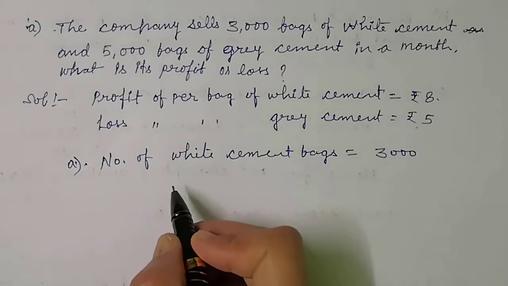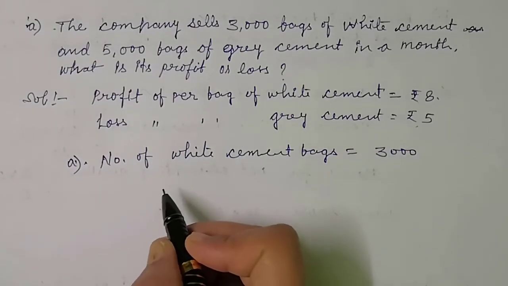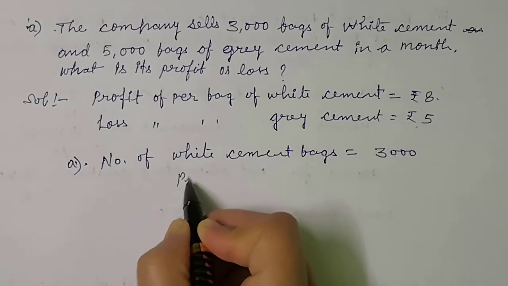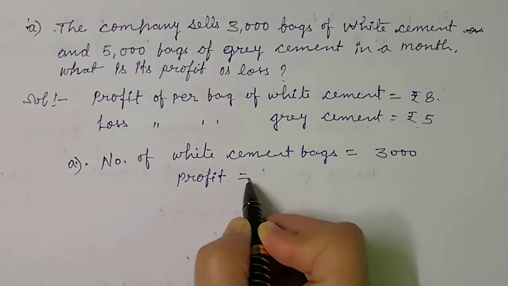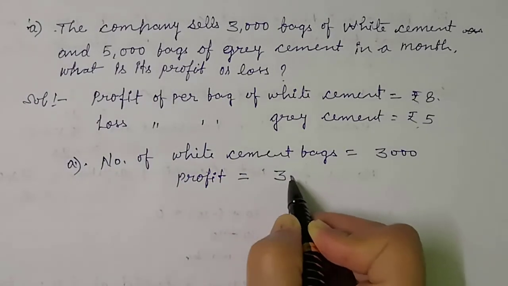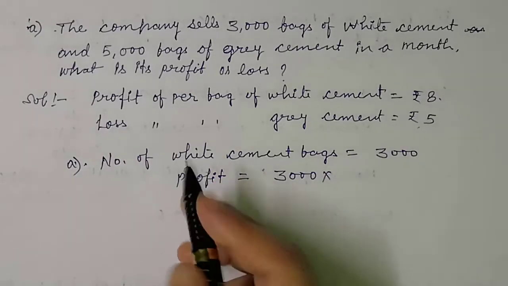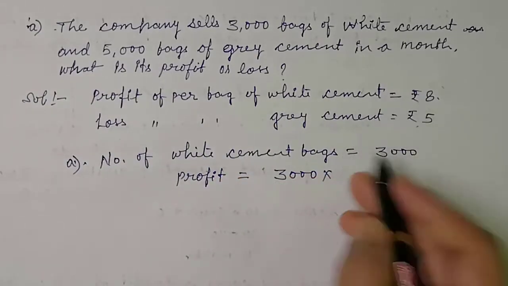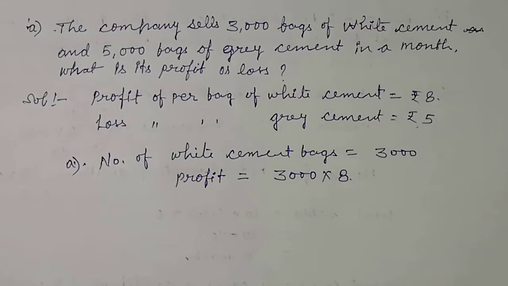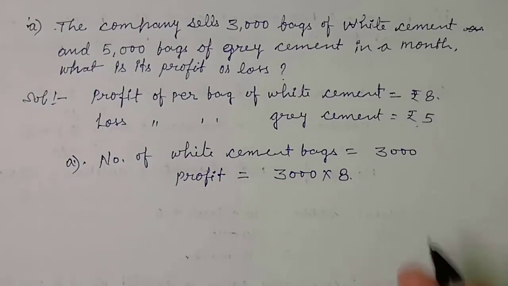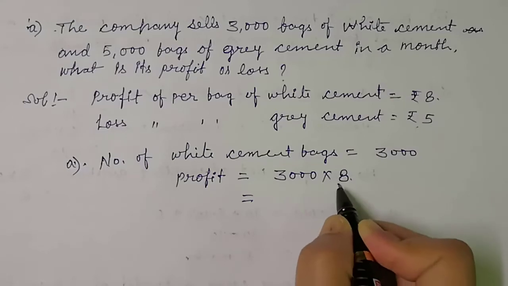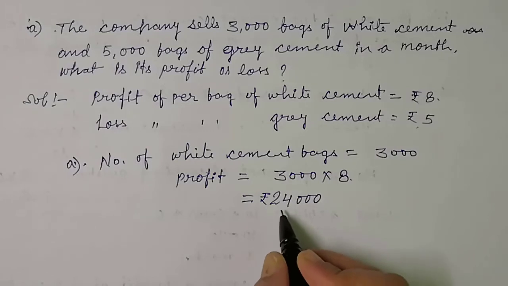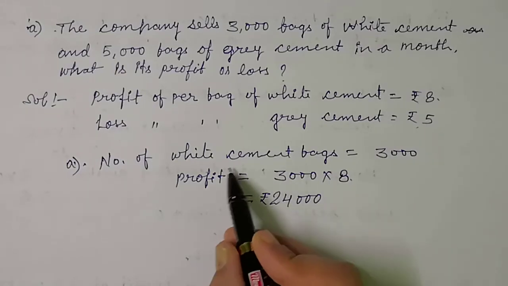Now how much profit does this shopkeeper bear for white cement bags? See, for profit we multiply the number of bags by the profit for each bag. Profit for each bag of white cement is 8 rupees. So here we will find the total profit for 3000 bags. 8 3s are 24. This amount is the total profit the shopkeeper bears on white cement bags.